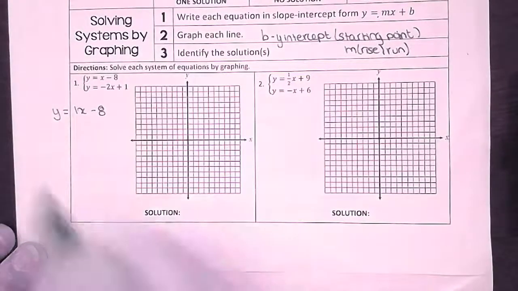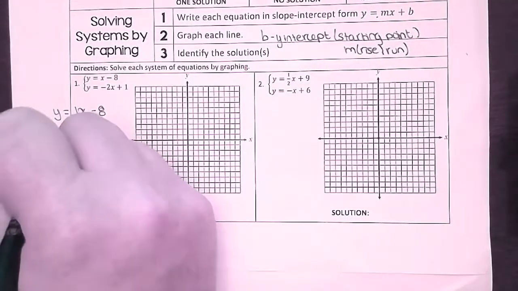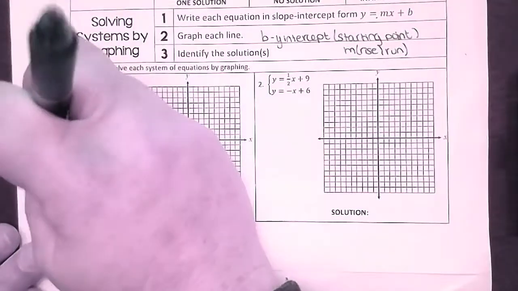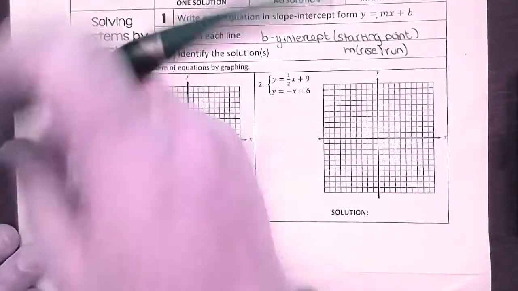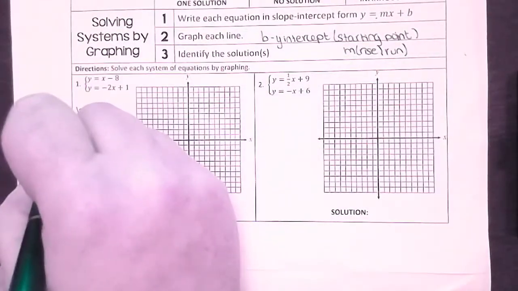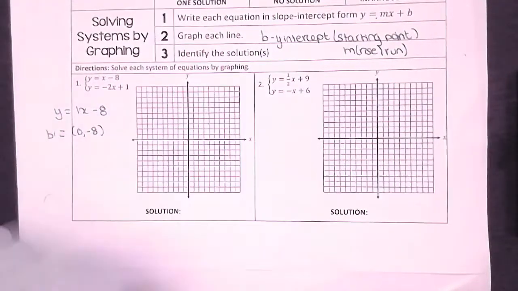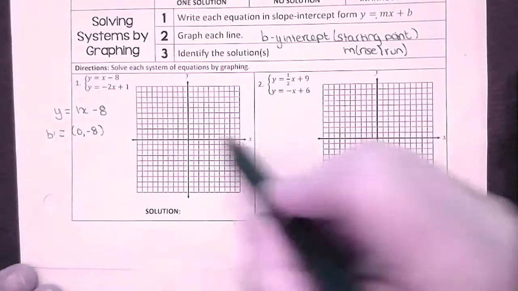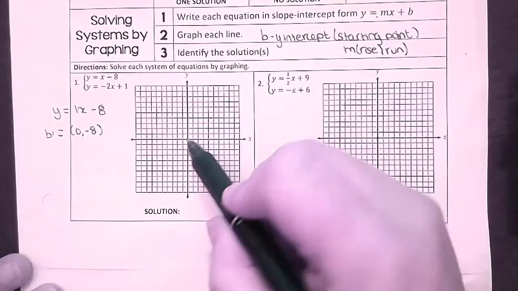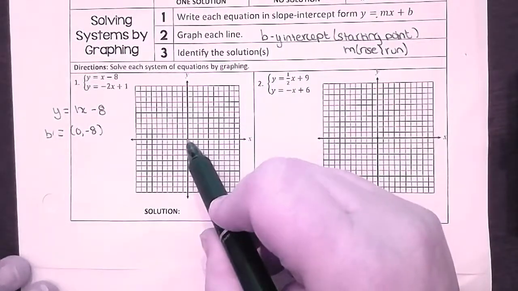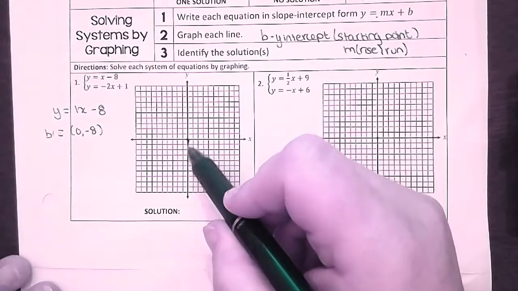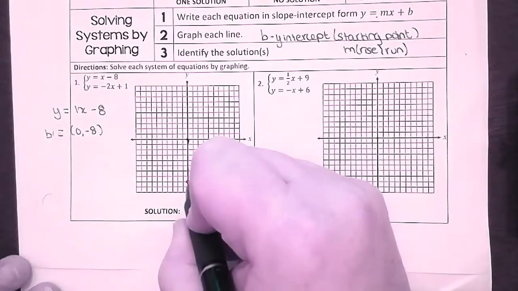My starting point is the y-intercept, negative 8. So it's 0, negative 8. I always start at the origin when I graph a line, and I go down 8 spaces.